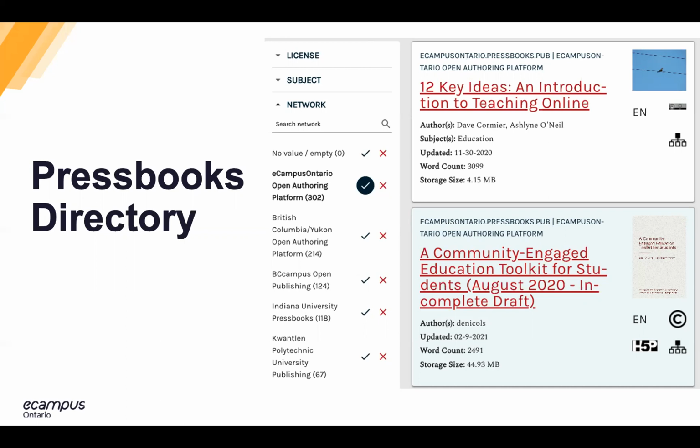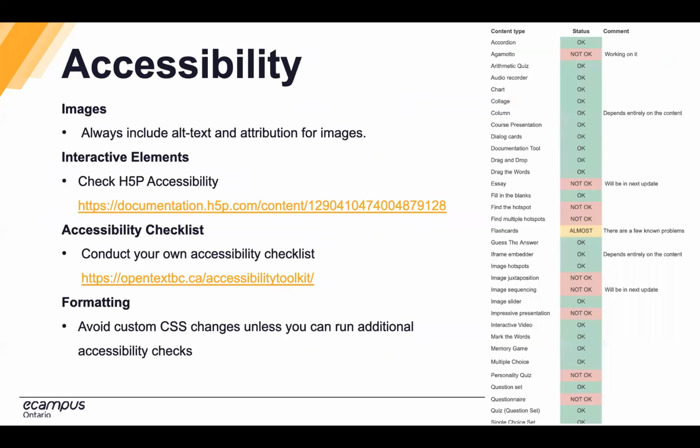So by default, your book will be included in the directory if your book visibility is set to public. You can, of course, opt out of this service by referring to the sharing and privacy settings section for instructions. So this is just something that I briefly mentioned earlier, and this is just a little bit more information about the Pressbooks directory and what exactly it does.